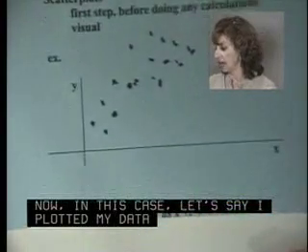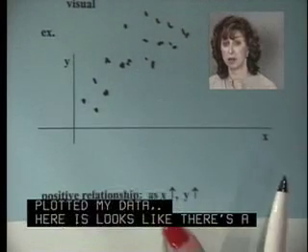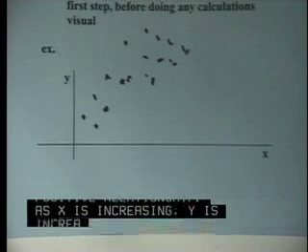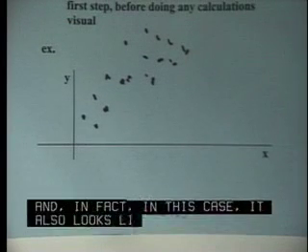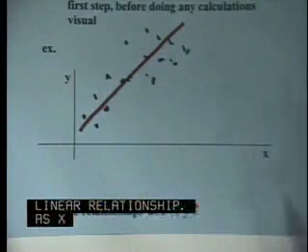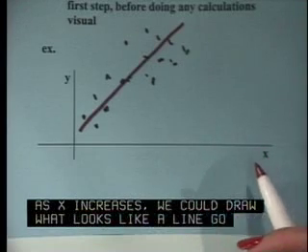Here it looks like there's a positive relationship. As x is increasing, y is increasing. And in fact, in this case, it also looks like we might have a linear relationship. As x increases, we could draw what looks like a line going through to be the line of best fit.